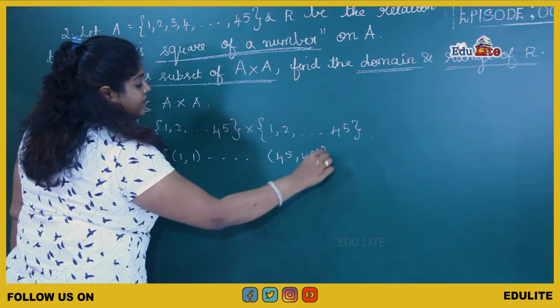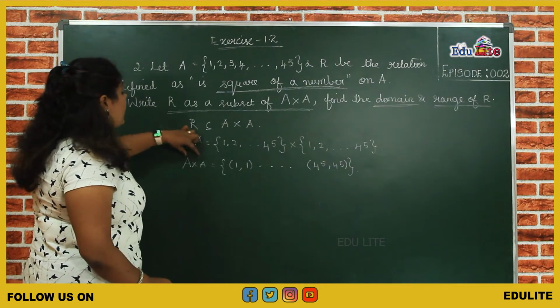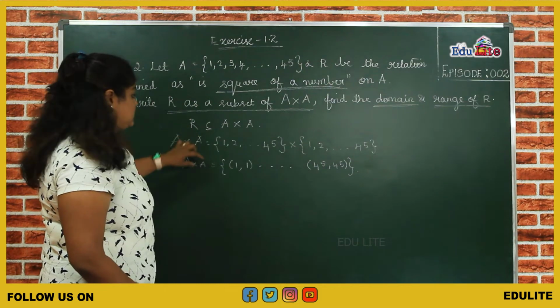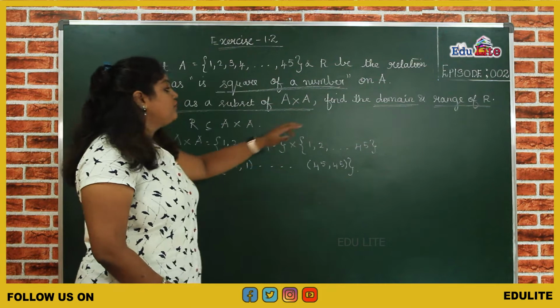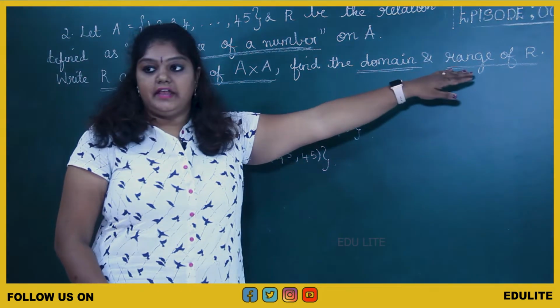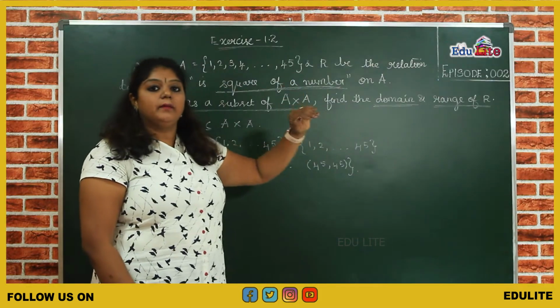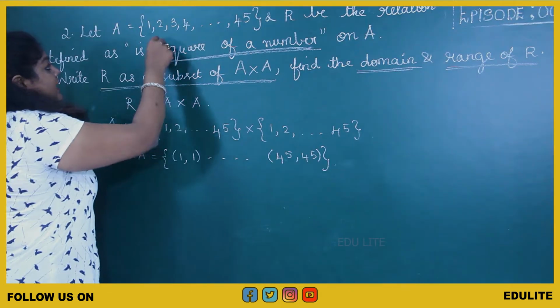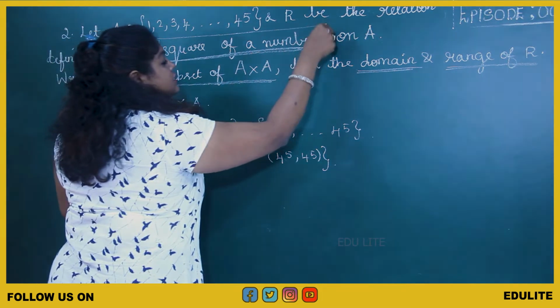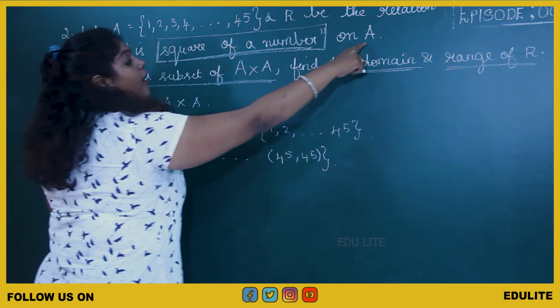In the question it is given that R is a subset of A cross A. Then we have to find the domain and range for this problem. For finding the domain and range, first we must know the relation. The relation given in this problem is the square of a number on A.